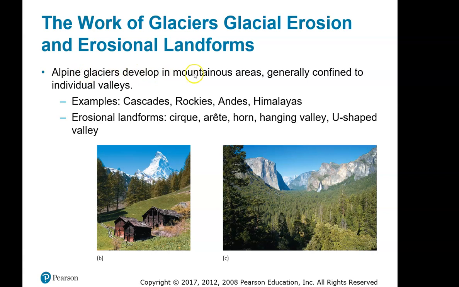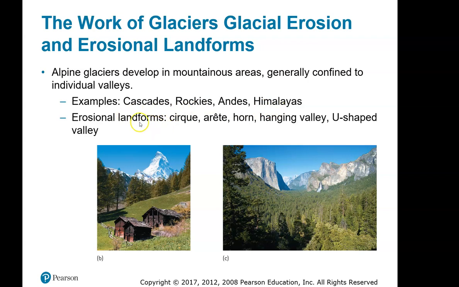Alpine glaciers develop, as I said before, in mountainous areas. They're confined to a certain valley. Examples of where we see these alpine ones would be the Cascade Mountains in the western United States, the Rockies, also in the western United States, the Andes in South America, and of course the Himalayas.